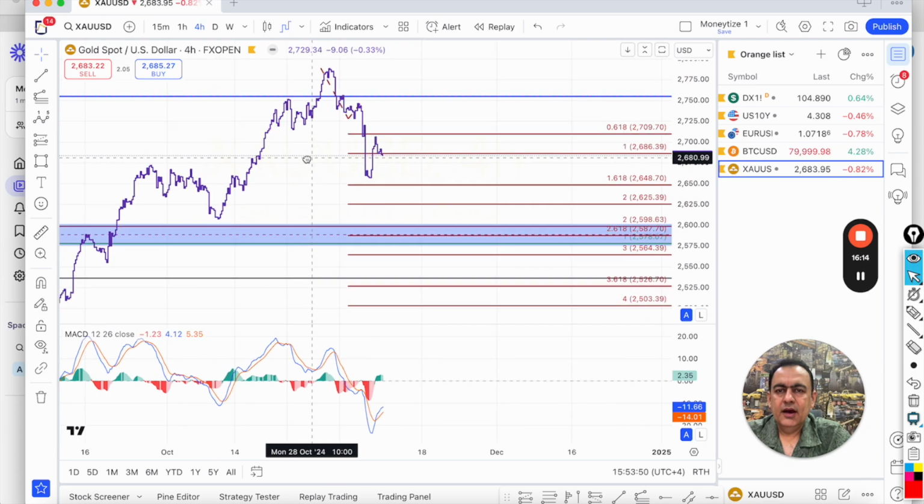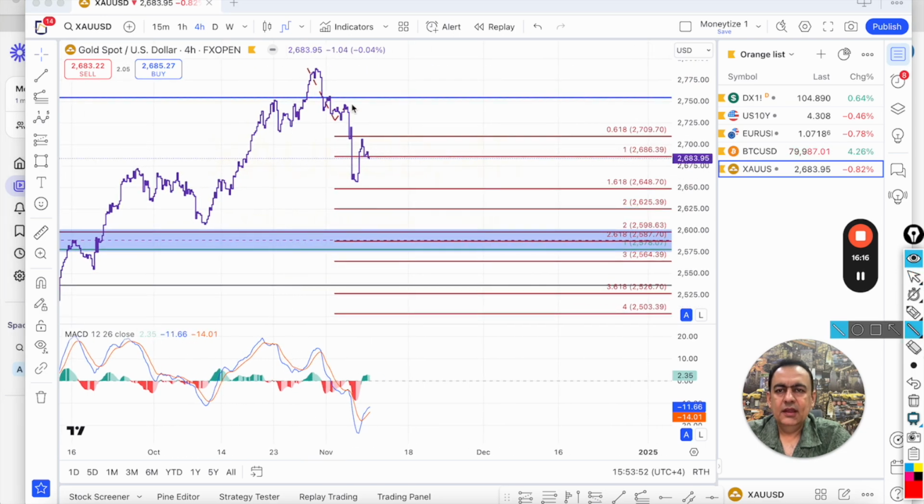What I've done here, I've applied Fib extension in the downward direction, taken from the highest level. So this is the fake break above 2757, and first leg down, pullback, and gold dropped up to FE 161.8.